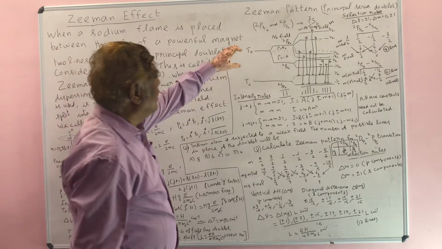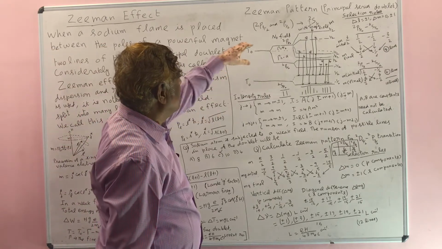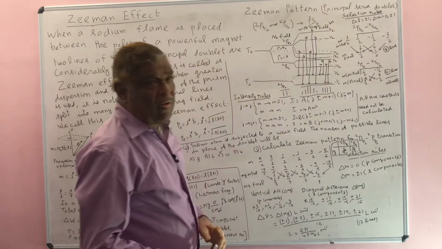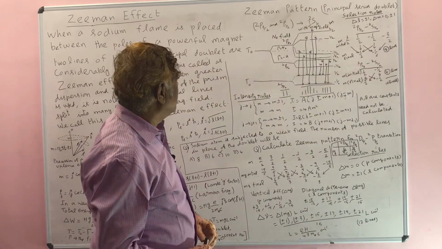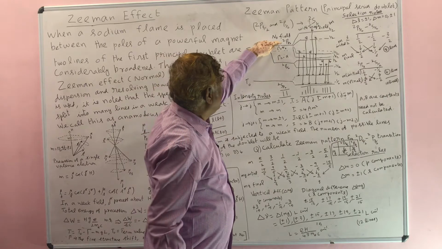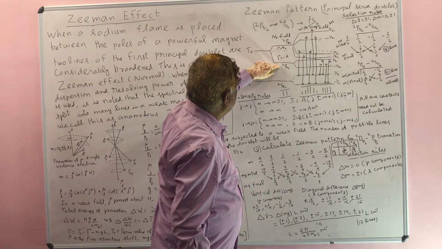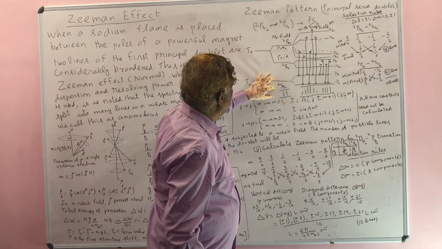So this is important for our case, mgl, we have to calculate. This is a shift due to magnetic field. Now, let us take an example, the Zeeman pattern for a principal series doublet. For a principal series doublet, there is a 2p 3 by 2 and 2p half, which is the upper level, and the lower level is 2s half.